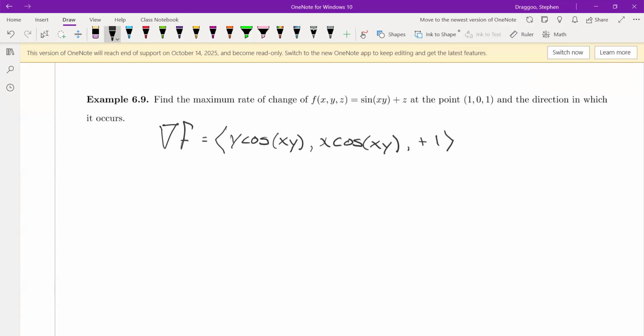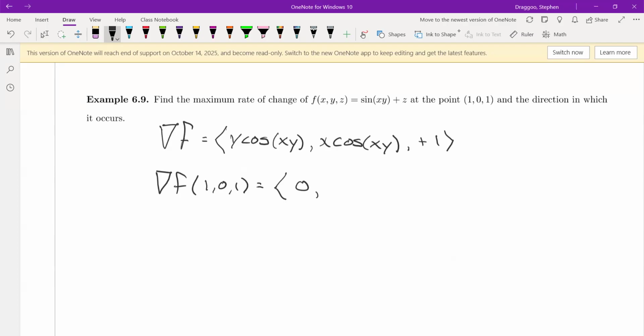So yeah, took my derivative of sine and got cosine. Chain rule says I multiply the other piece on the outside. I think that's our gradient. We also just sort of shadow implemented the z component, but I think that went all right. So let's move on to plugging our point in. 1, 0, 1 goes to some other vector. If y is 0, then that first component is 0. Can ignore that.